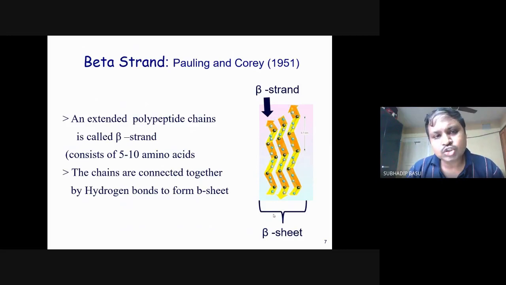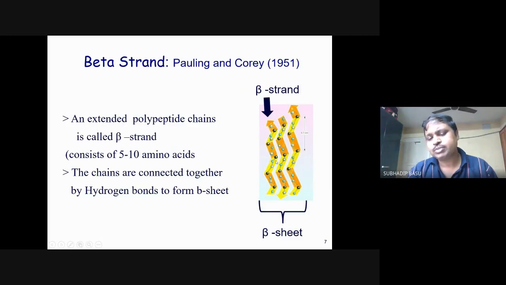And there is also the beta strand. It was discovered in 1951, and it is also a polypeptide chain, called a beta strand, ranging from 5 to 10 amino acids, and the chains are connected together to form sheets. So you have different strands, and together they form a sheet-like structure.